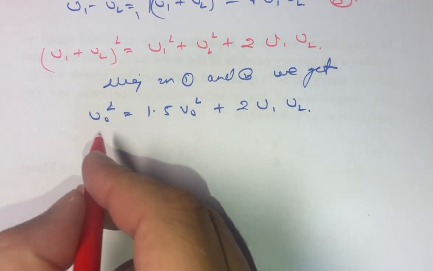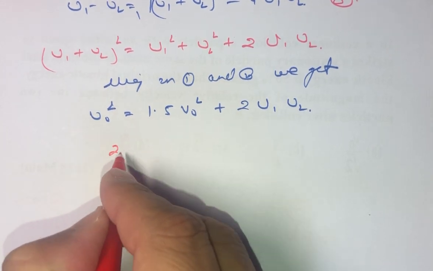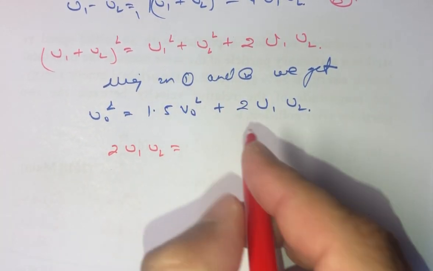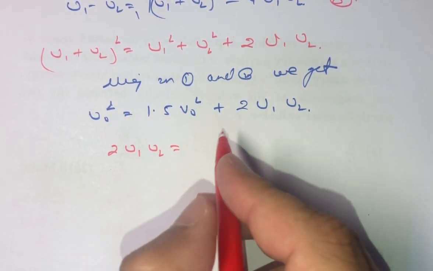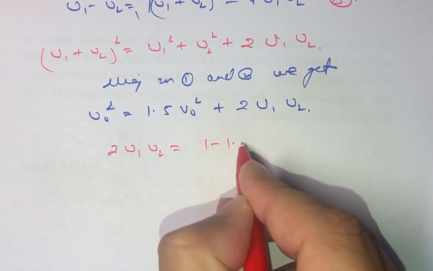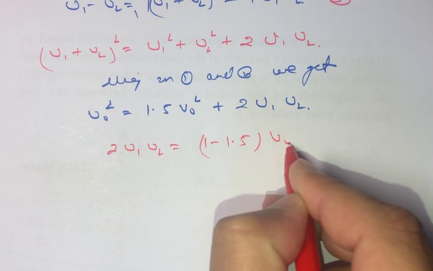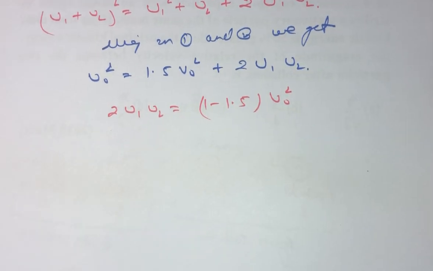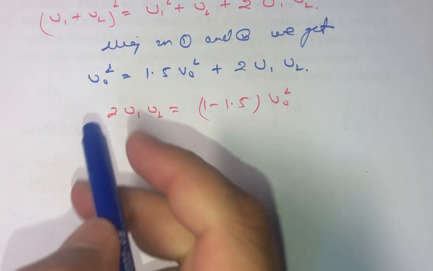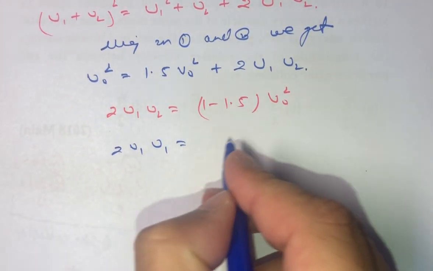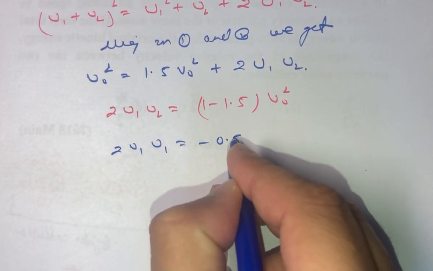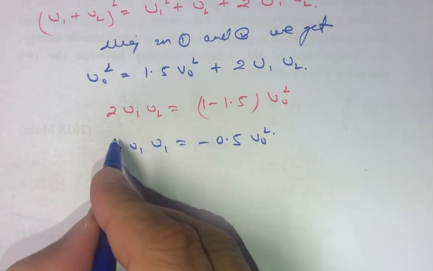So here we can find the value of twice v1 v2. Twice v1 v2 will be equal to 1 minus 1.5 times v0 square, or twice v1 v2 will be equal to minus 0.5 v0 square.